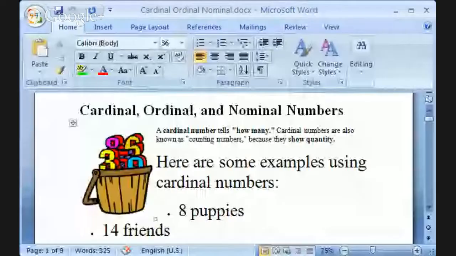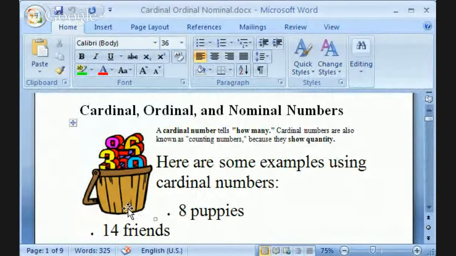Okay. All right. I'm going to do a screen share, and we're going to talk numbers solidly for an hour. There's a surprising amount of things to talk about, actually. So let's get started. I'm going to do a screen share and first introduce to you the idea of cardinal, ordinal, and nominal numbers.